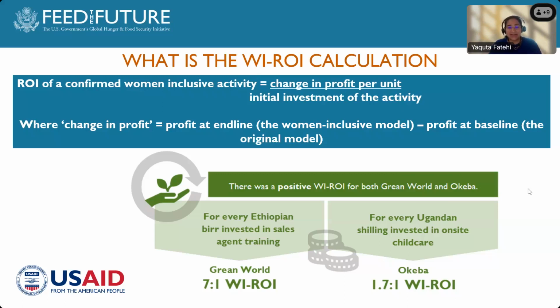The numerator is the difference between profits per unit at the end line and the profits per unit at the baseline, where end line is the gender inclusive operation and baseline is the traditional model. So for Green World, the end line is having women sales agents sell the cook stoves within their communities and in adjoining communities, from the baseline, which was a centralized model where 3 male HQ staff went and sold the cook stoves.